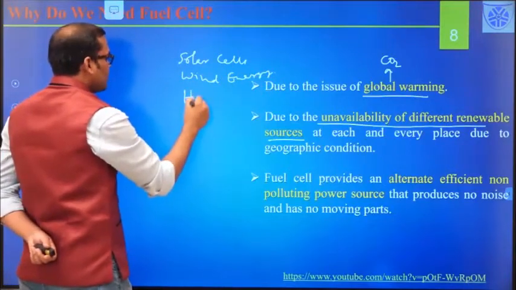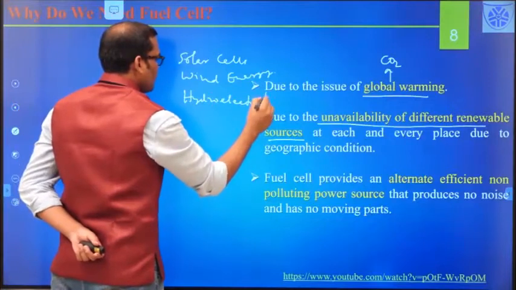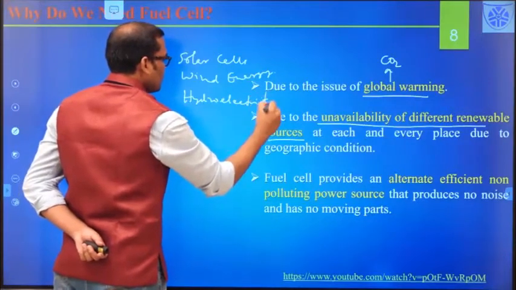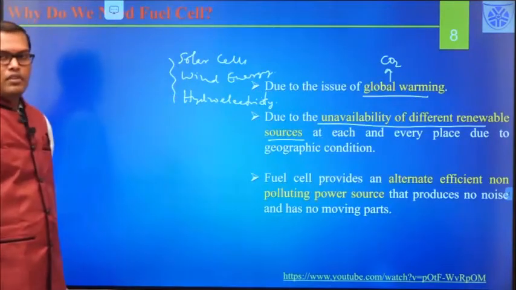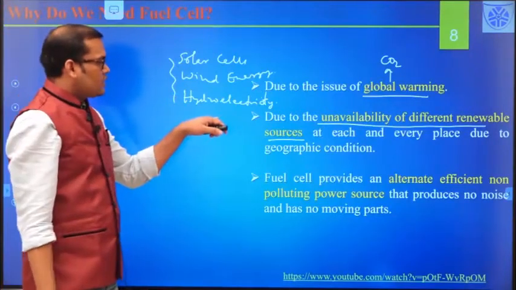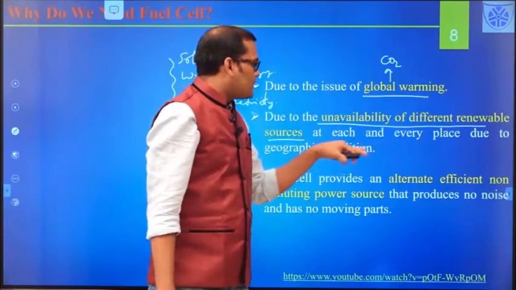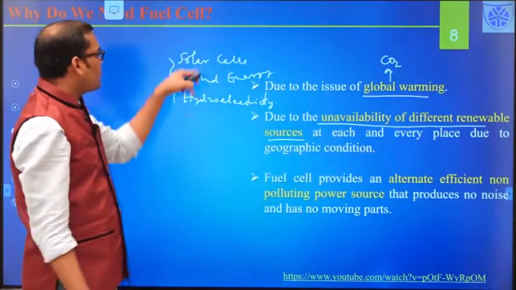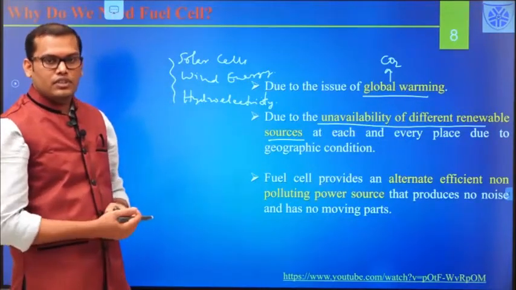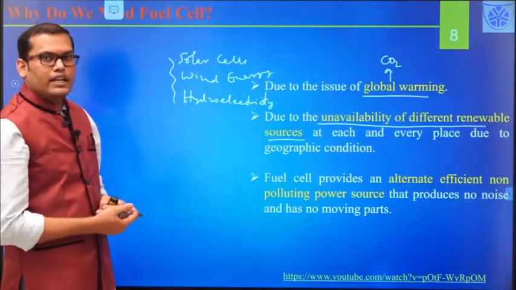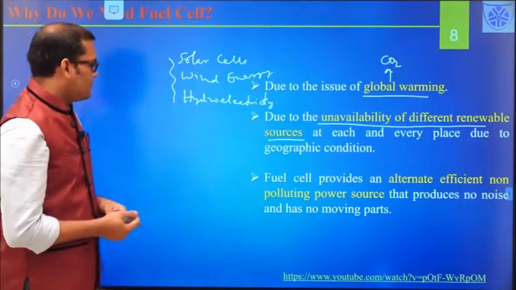Then hydroelectricity, right? So these are the different renewable sources. But there are different geographic conditions where you cannot use all the facilities. So in that case, you need some source which you can use for getting electricity. So the fuel cell is a good option for that, right?